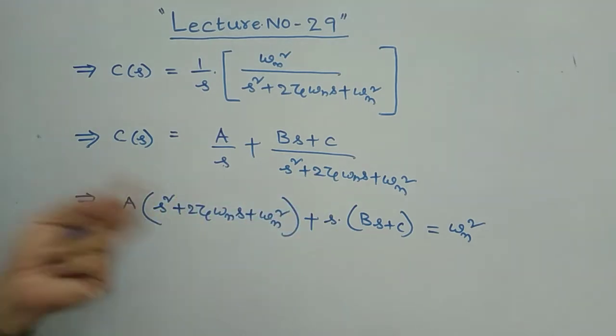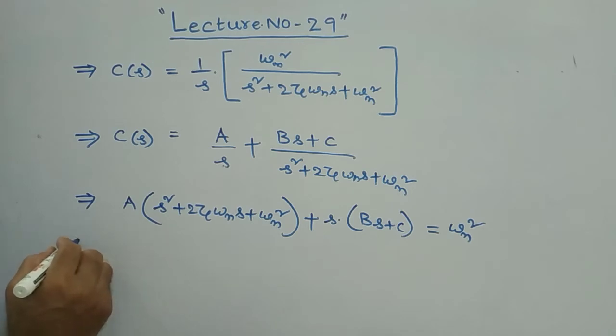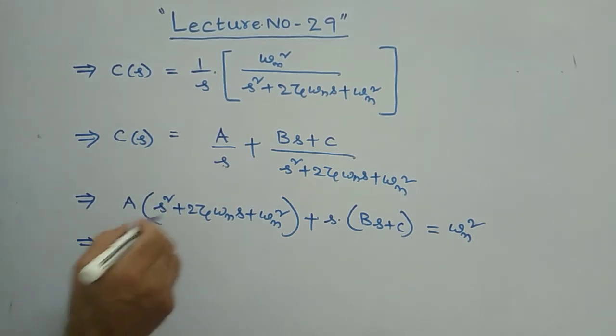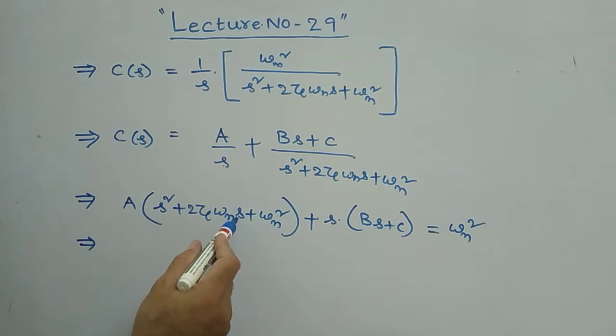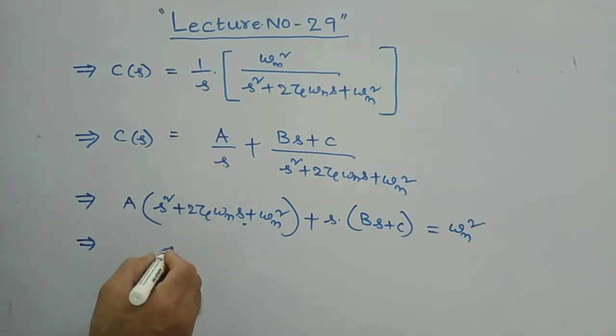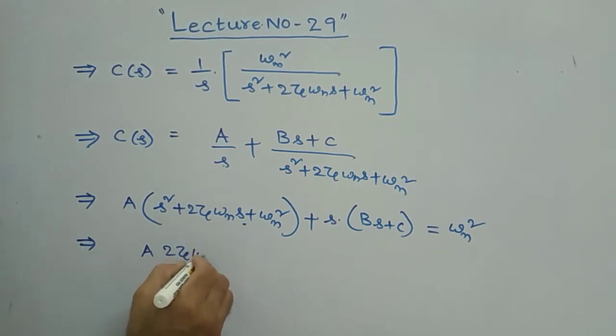By equating the s terms on both sides, what will you get? The s term is a into 2 zeta omega n.